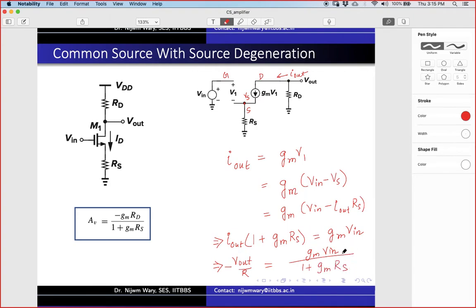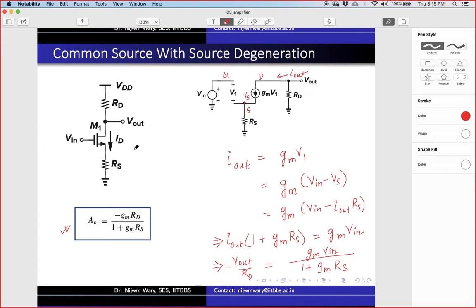Now if I reorder it, bring this Vin and take this RD to this side, I get the gain expression something like this: minus GmRD over 1 plus GmRs, right? So this is the basic expression of the source degenerated common source amplifier.